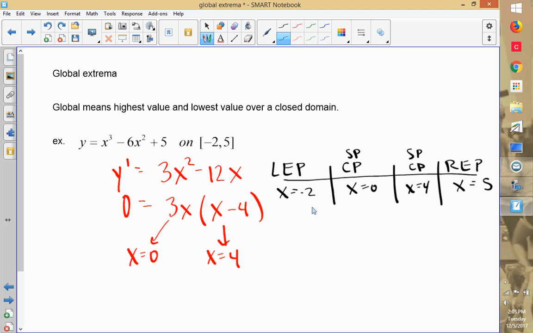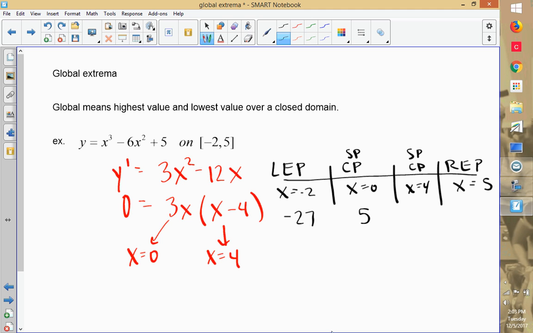If I plug in -2, I'm going to have -8, minus 6 times 4, which is -24, plus 5, which ends up being -27. I plug in 0: 0 minus 0 plus 5 is 5. That one's easy.